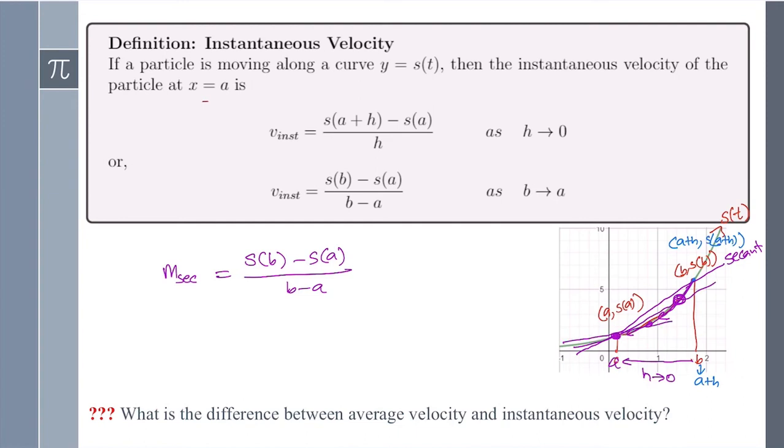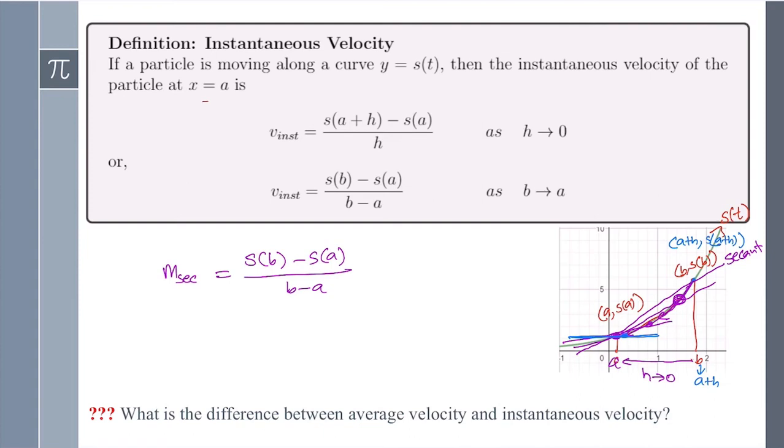If I keep doing that, and my second point is very, very close to the first point, almost identical, then the second line approximately becomes the tangent line. So when that distance is very small, the average velocity approximates the instantaneous velocity, and in a similar fashion, the secant line approximates the tangent line.